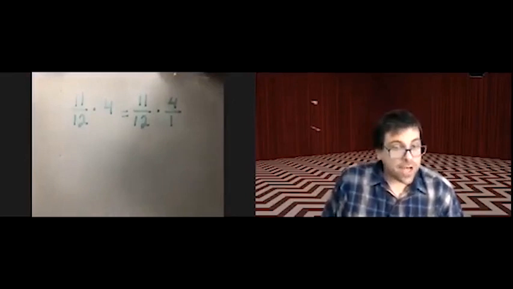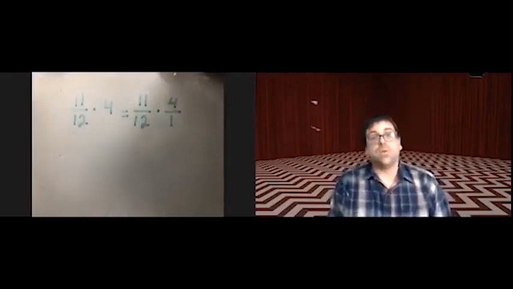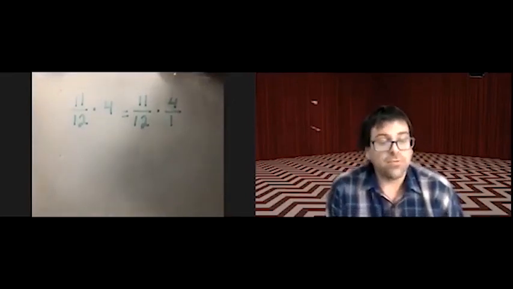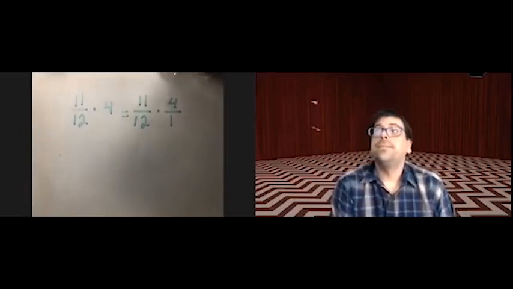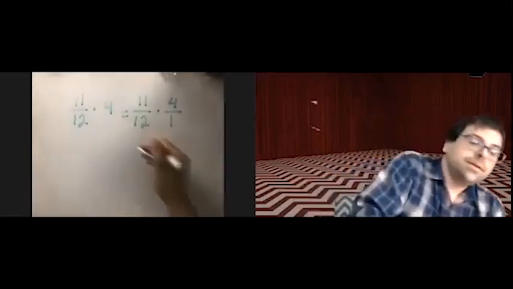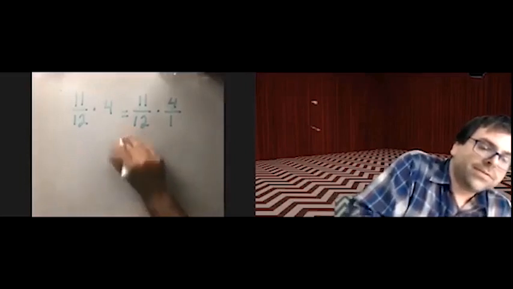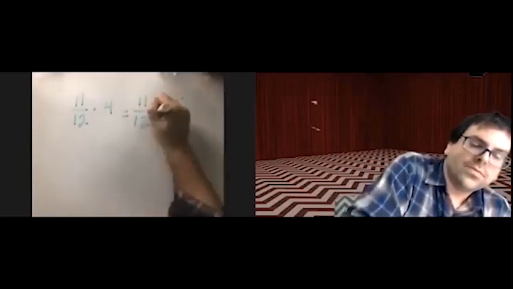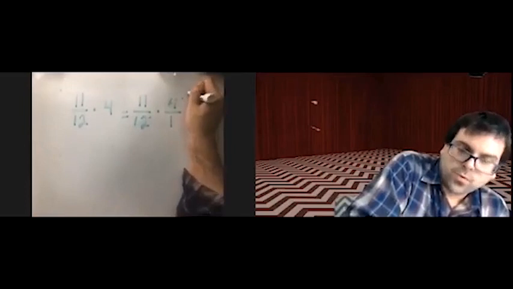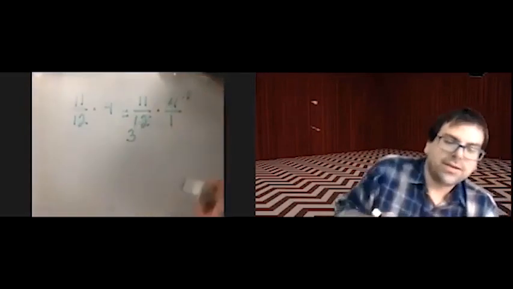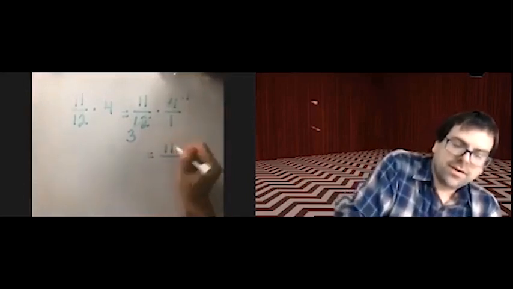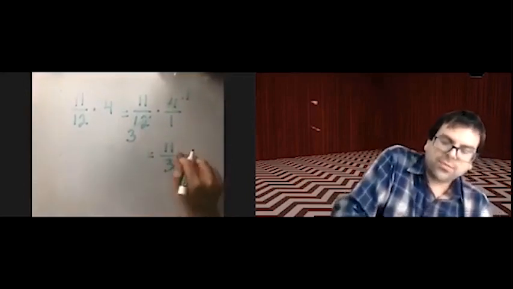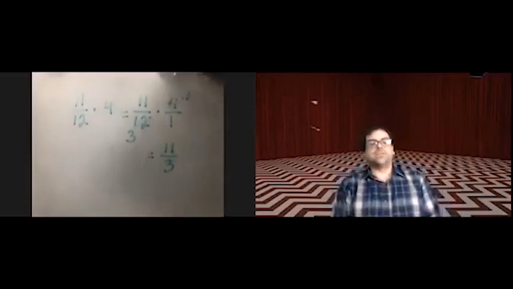You can go across the top, 44, across the bottom, 12, but then you'd have to reduce 44 over 12 to get the answer. I'm going to cancel this 4 and this 12. 4 divided by 4 is 1. 12 divided by 4 is 3. 11 times 1 is 11. 3 times 1 is 3. So we get 11 thirds.